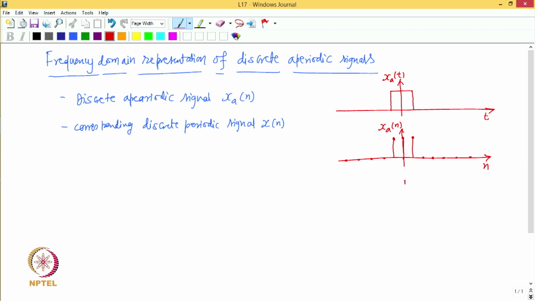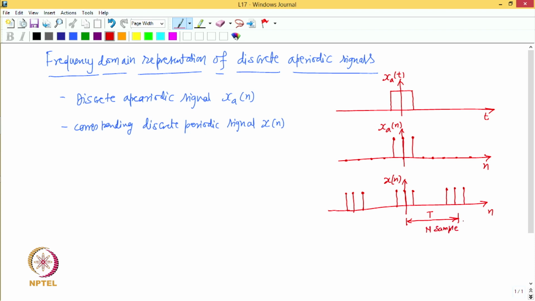What we do now is construct a corresponding periodic signal x[n] by repeating the copies of this aperiodic discrete signal after every time T, like this, in both directions, such that this time period is T. Depending upon the sampling rate, this time period T will contain N samples.